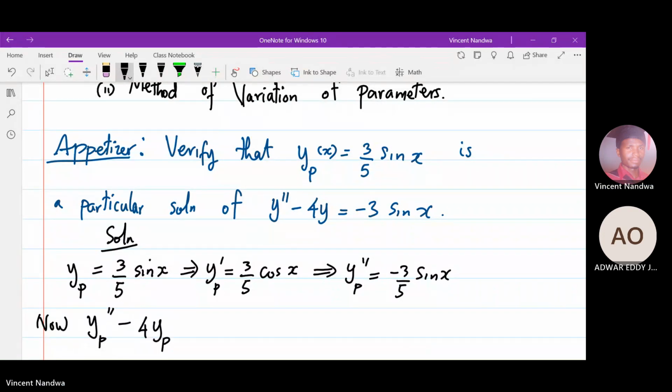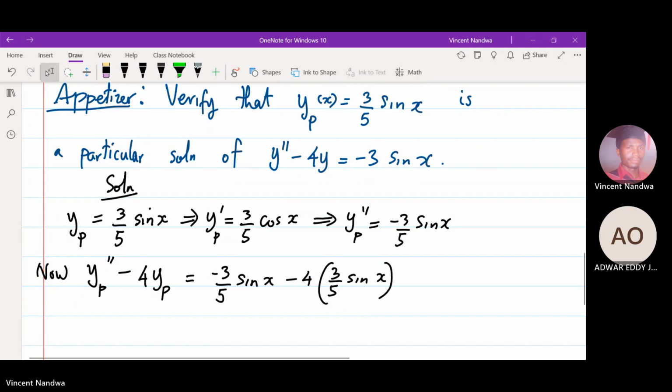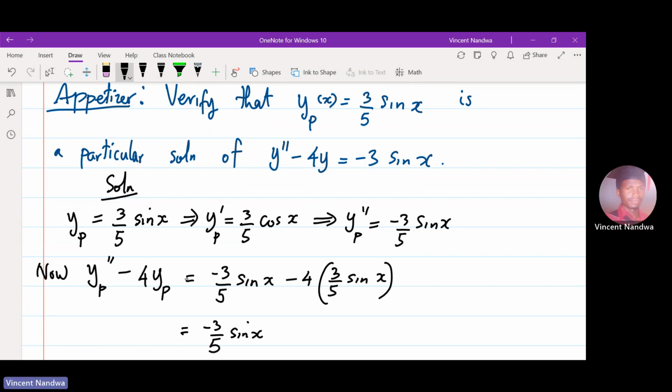So y_p double prime minus 4 y_p would give us minus 3/5 sine of x minus 4 times y_p, which is 3/5 sine of x. So which will be minus 3/5 sine x minus 12/5 sine of x.